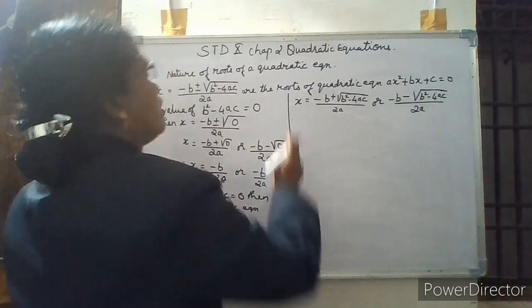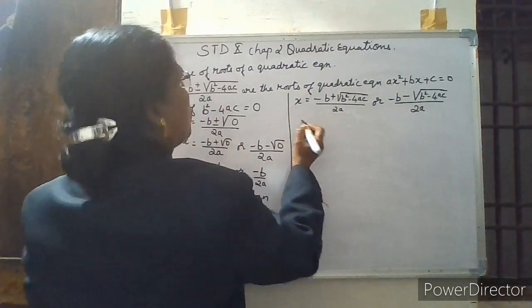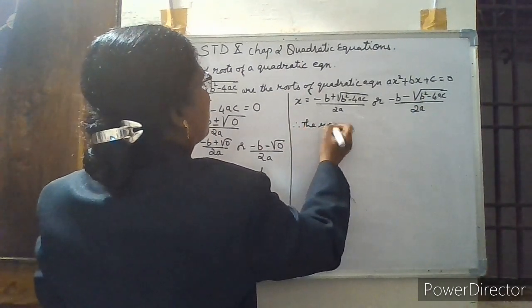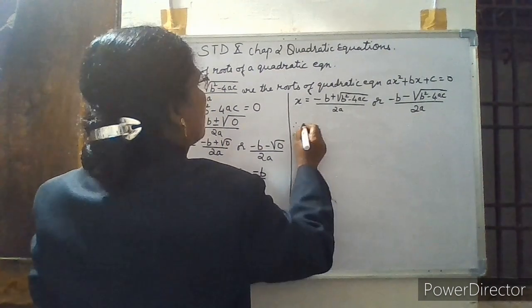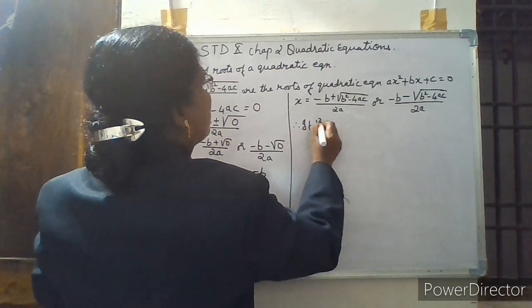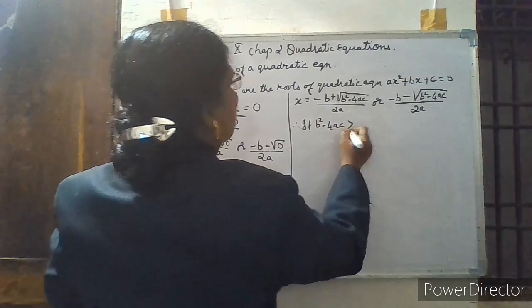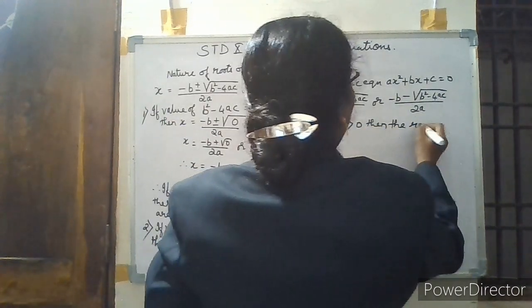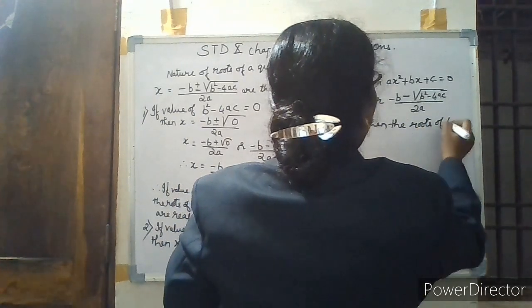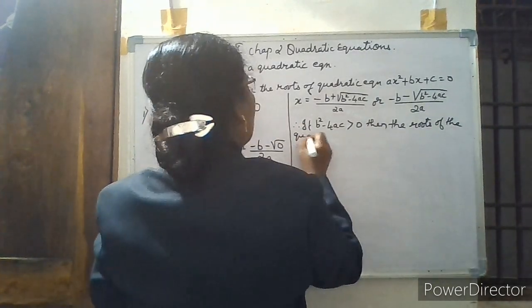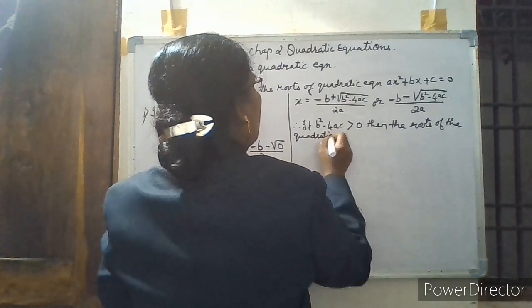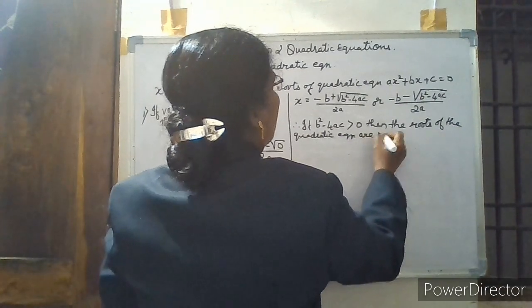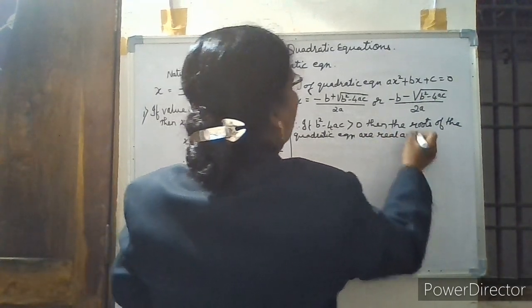Therefore, if b squared minus 4ac is greater than 0, then the roots of the quadratic equation are real and unequal.